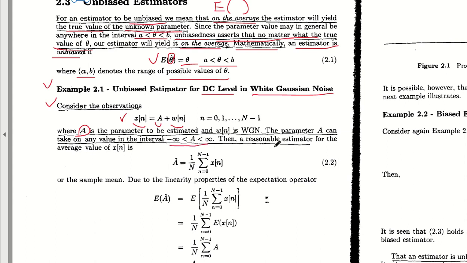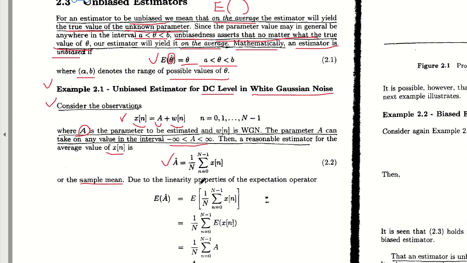Then a reasonable estimator, as we did before, is A hat equal to 1 divided by N summation of x[n], or the sample mean. We call it the sample mean.